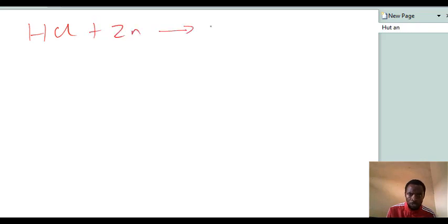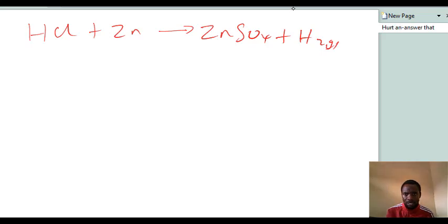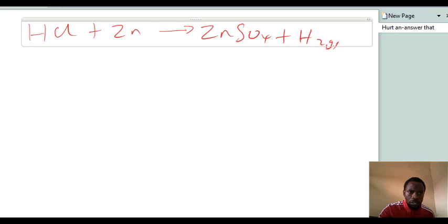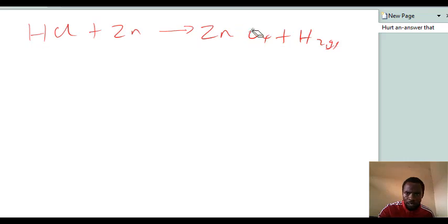It will give us zinc chloride, not zinc sulfate, and liberate hydrogen gas: Zn + 2HCl gives ZnCl2 + H2.